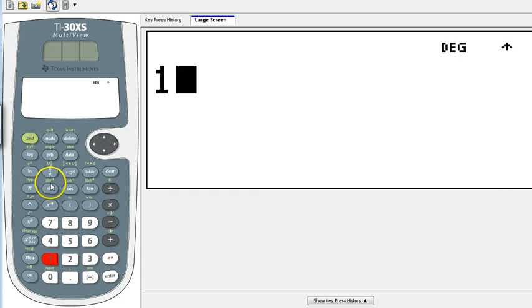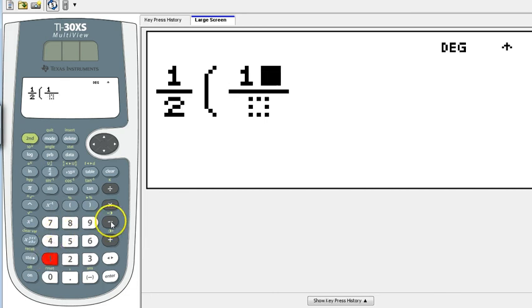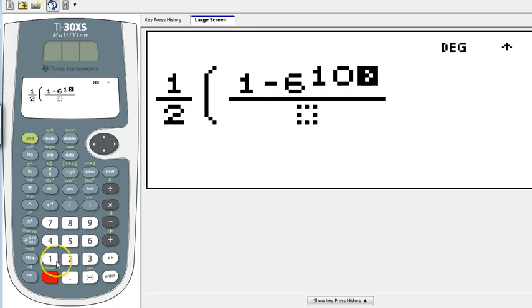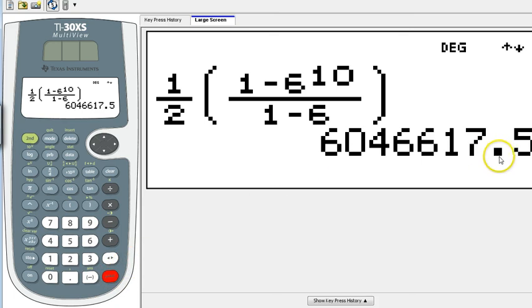So we will do 1/2 times 1 minus 6 to the 10th power over 1 minus 6. And so we get this. This is the sum. Okay? That's the answer to the last one. Any questions?